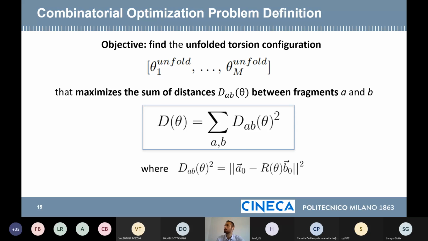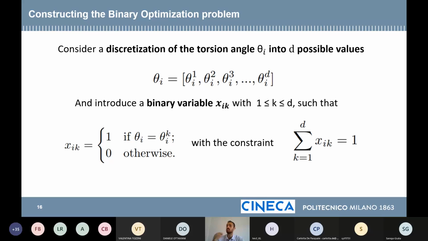So to define our binary optimization problem, the molecular unfolding problem is a binary optimization problem. What we did was to consider a discretization of the torsion angles into d possible values. For example, if d is equal to 2, you can have 0 or pi.